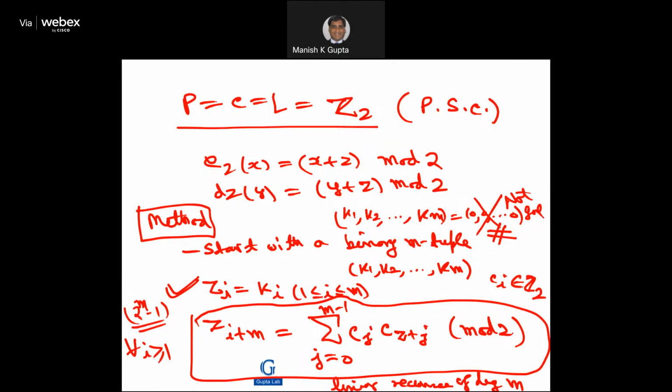Now the question is, how do we generate this key stream, z1, z2, z3, z4, z5, z6, and so on? Have you ever tried generating random numbers with computers?